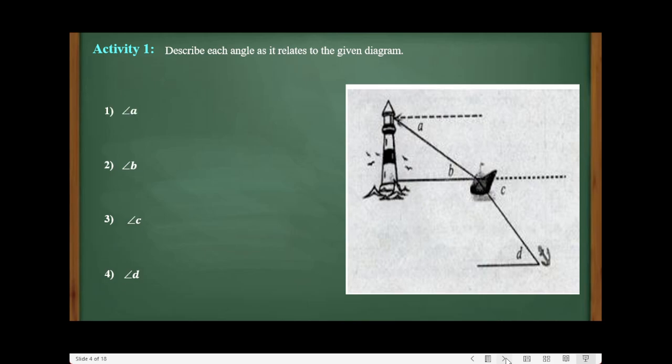I might as well ask everyone to prepare a 1/2 lengthwise sheet of paper and number it from 1 to 10. And looking at this presentation, you will be asked to describe each of those angles being labeled by small letters from this drawing.